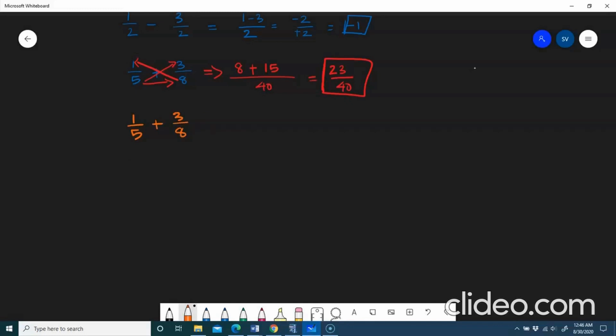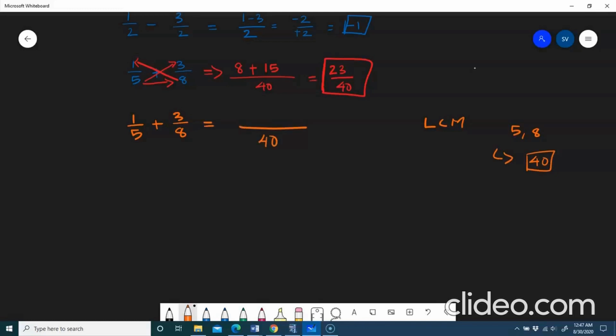What you need to do is find the LCM. 5 and 8, nothing common you can find there. So multiply these two, so the LCM is 40. Write 40 here.